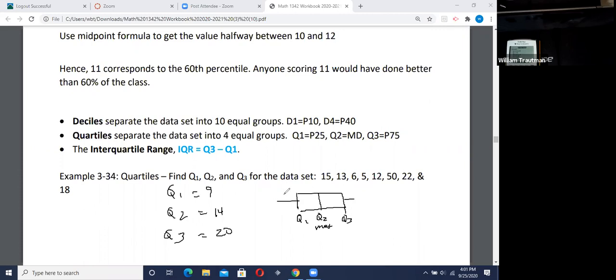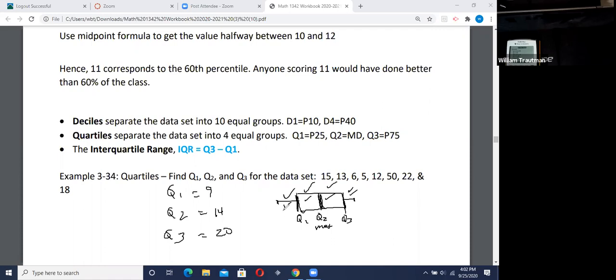Do you see there's 1, 2, 3, 4 sections here. First quartile, second quartile, third quartile, fourth quartile, but we call this Q1, Q2, the median, and Q3. These are specific spots.